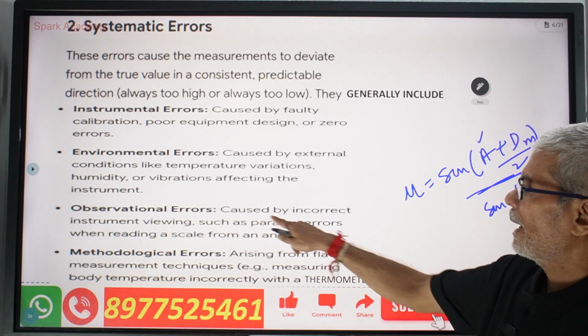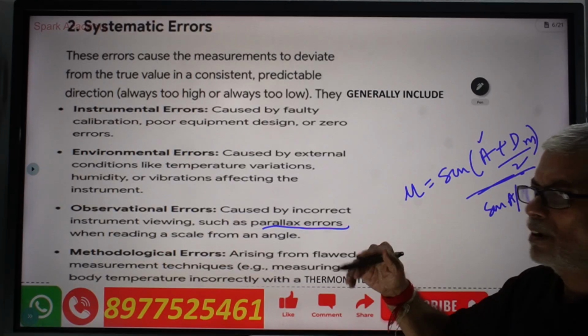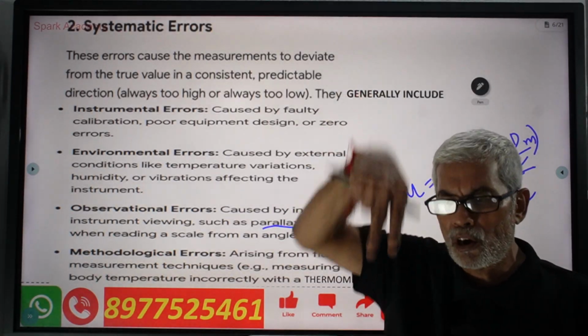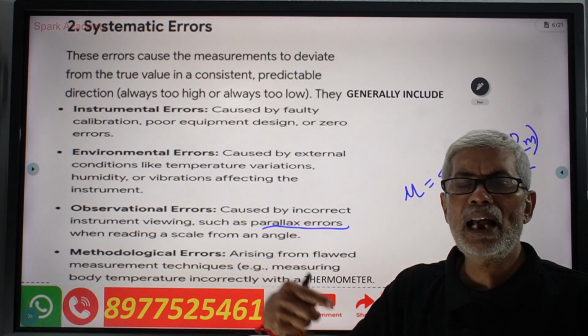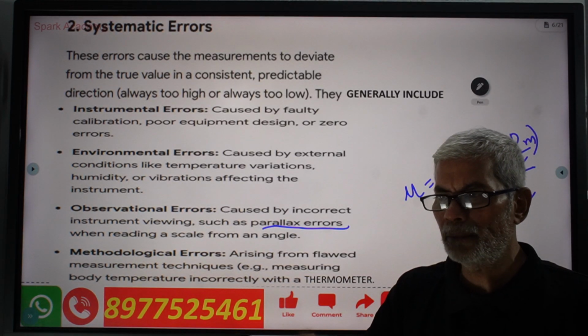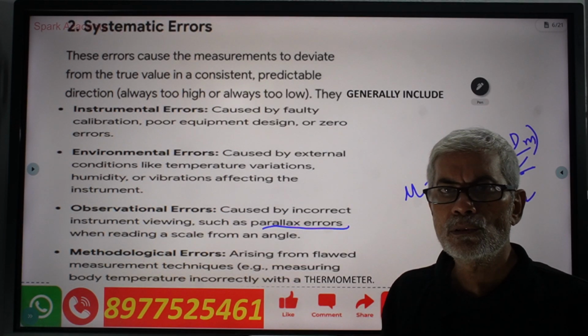Then there are parallax errors, an observational error. Parallax error means whenever you are doing measurements, you have to do it normally, not at some angle. Suppose you are measuring the angle of a prism, and you need to find out R1, R2.